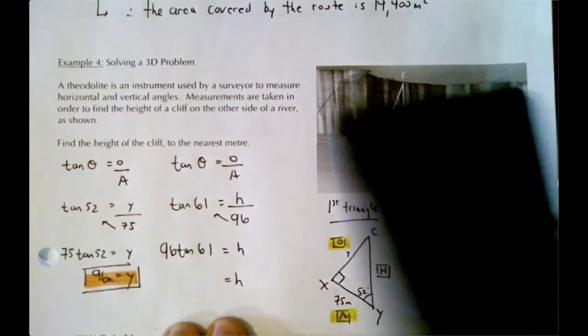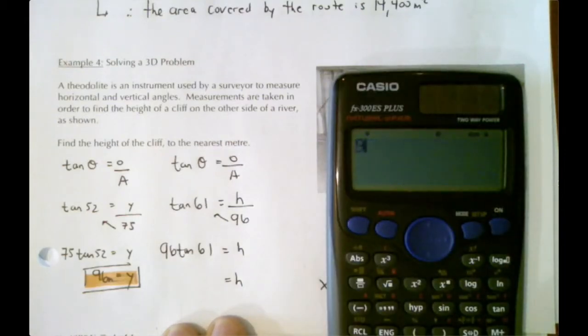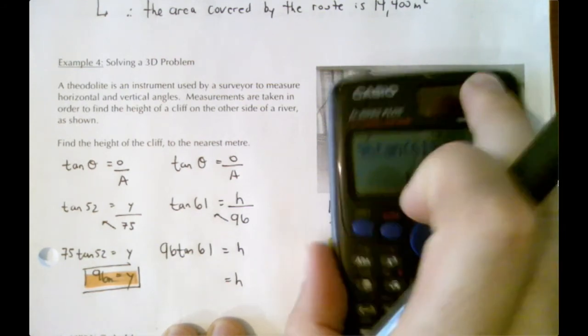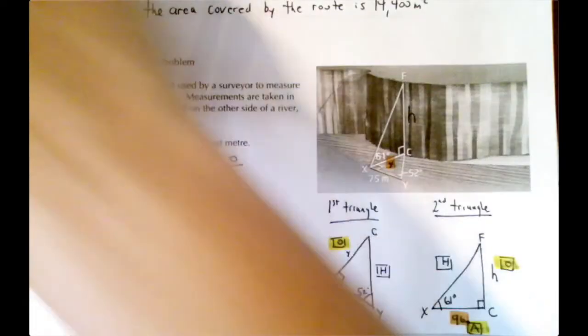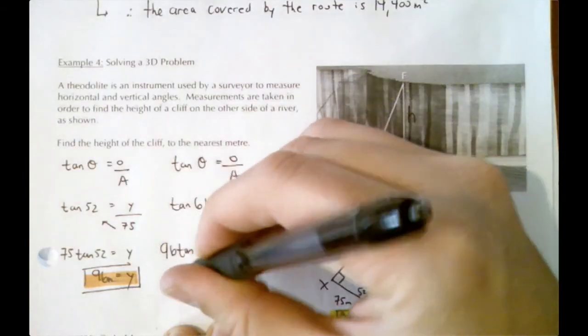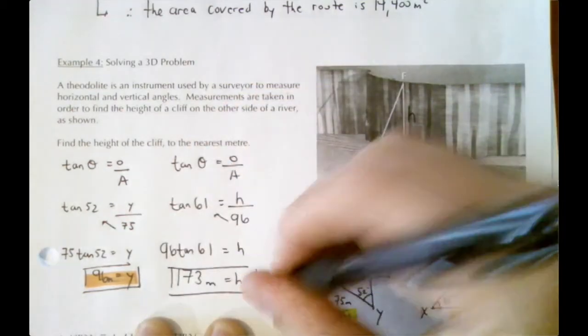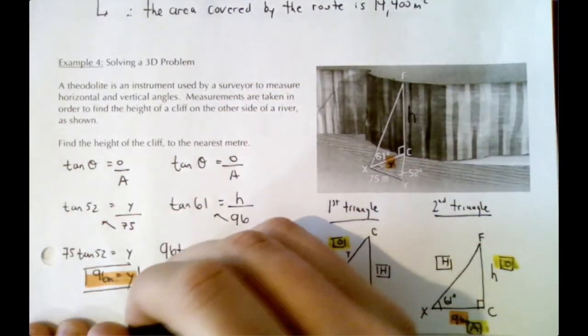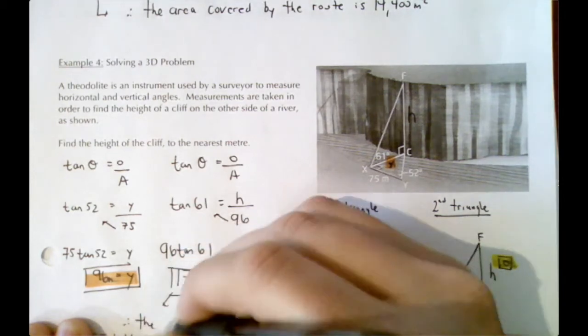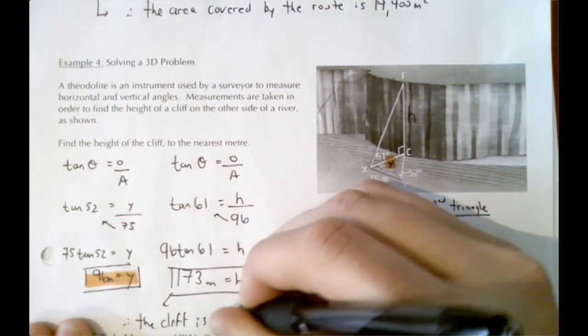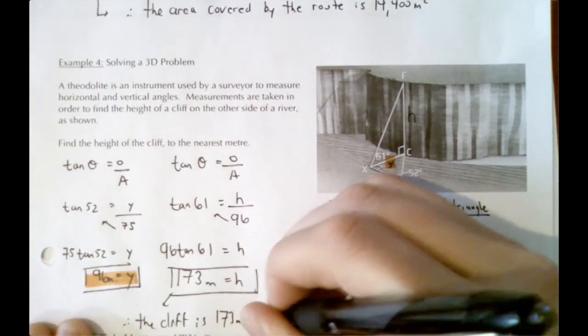So let's do some math. 96 tan 61 is 173.2, rounded to the nearest meter, 173. So now we can say, therefore, the cliff is 173 meters tall.